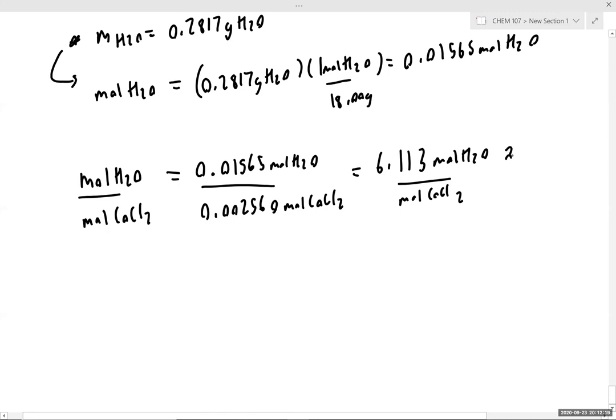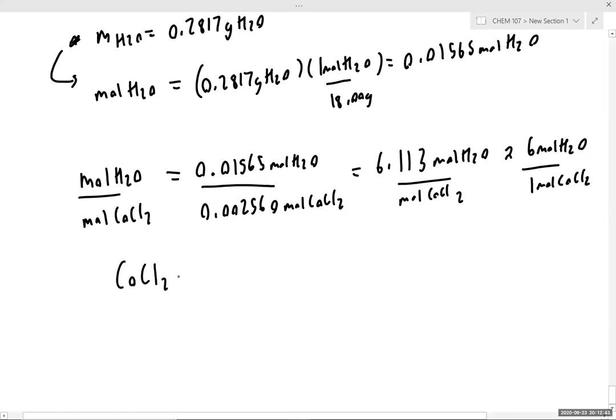That can be rounded to the nearest whole number of 6 moles of water per 1 mole of cobalt chloride. Your experimental data won't be perfect, so you may not get exact whole numbers. Only for this experiment, and only in this case, you can round to the nearest whole number.